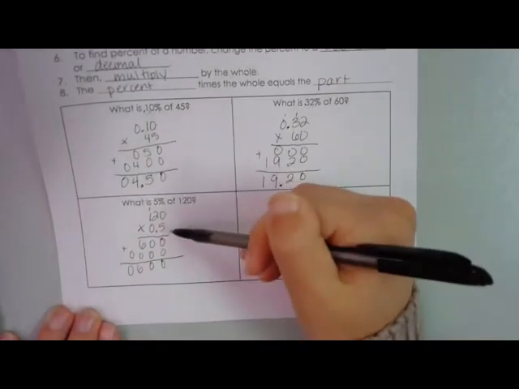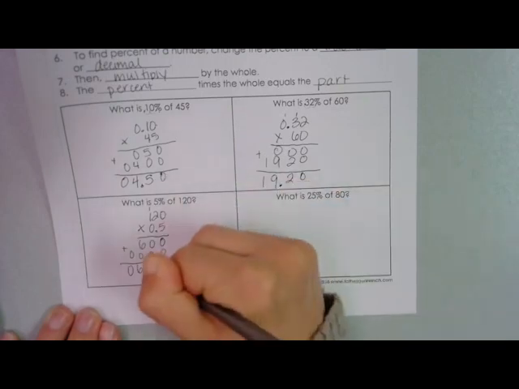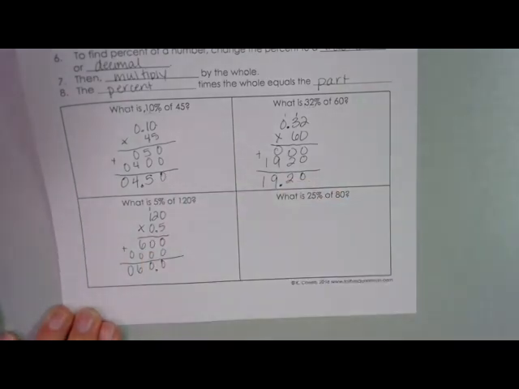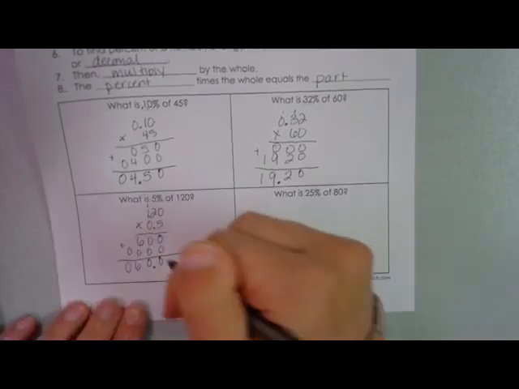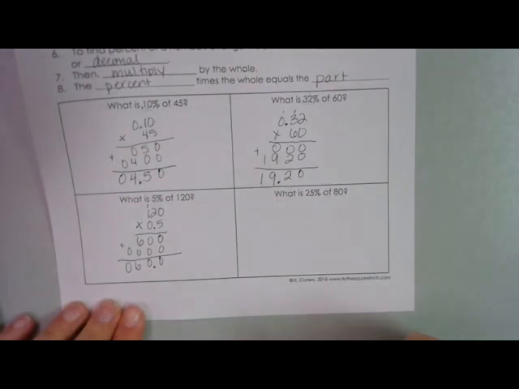Go back to your problem. How many digits do you have behind your decimal in your problem? You have 1. So I need to have... Oh, you know what? I made a mistake. Cross that out. Did you catch it? This is actually 50%. So I need to add another 0 right there to make it 5%.